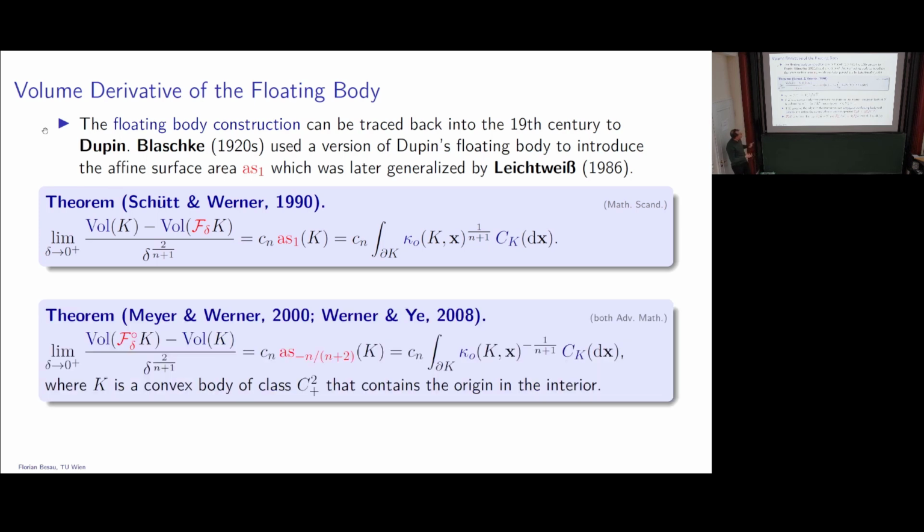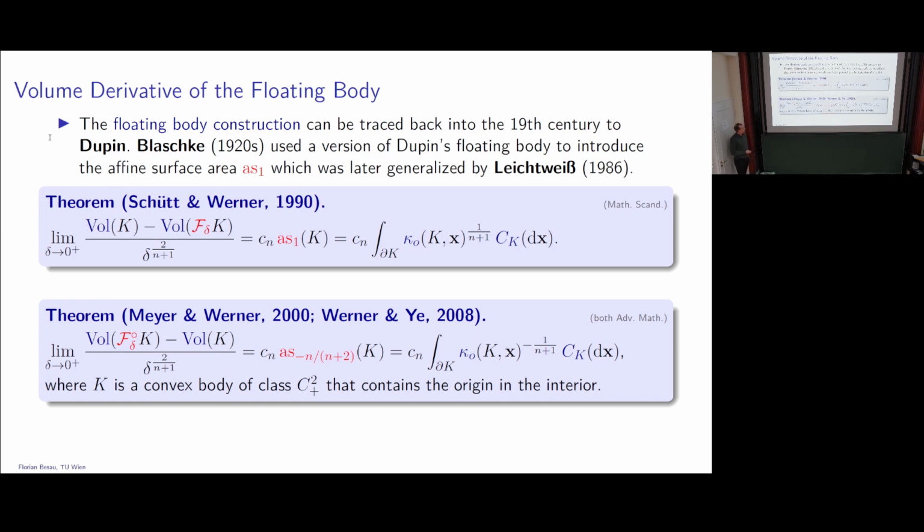And when you take the volume of this object, it gives you a centro-affine invariant curvature measure, and it's natural that this is an Lp affine surface area, and this is verified by first Meyer and Werner, and then in another way by Werner and Ye. So when you take the volume derivative of this polarized floating body, you get exactly an Lp affine surface area of this form.